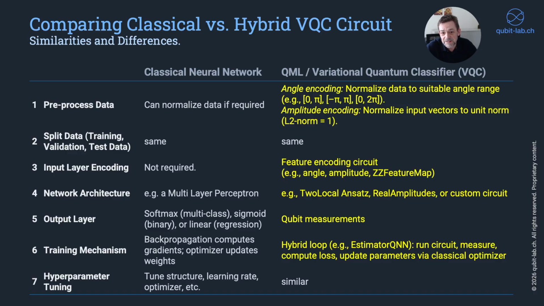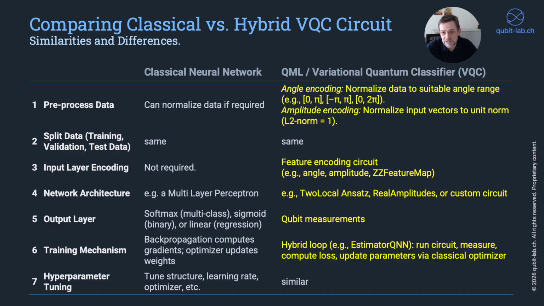Then we need to split the data in training and the test data at least. The feature encoding is done through a sub-circuit, the feature map. Then the variational ansatz, which will process the data, relates to the neuron layers in a classical neural network. The output layer is simply the qubit measurement. You don't have any softmax layers or something like that.